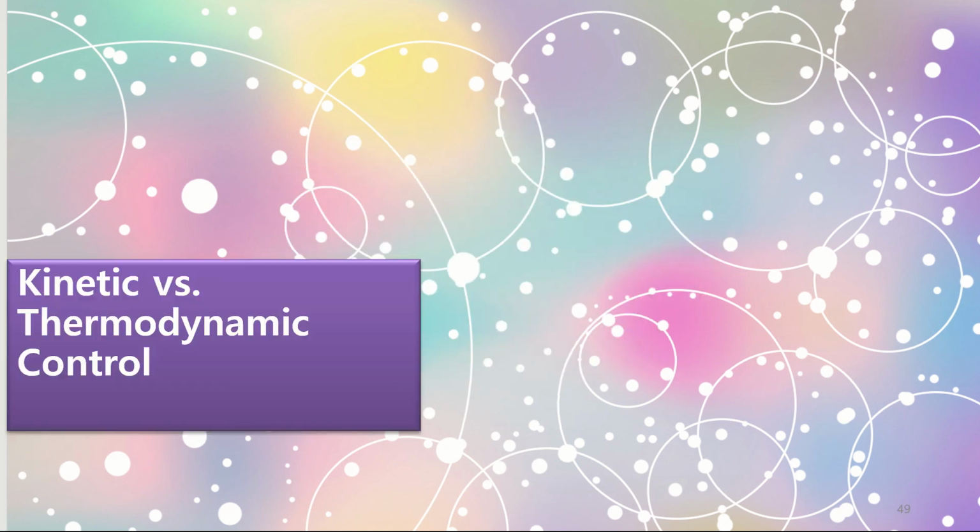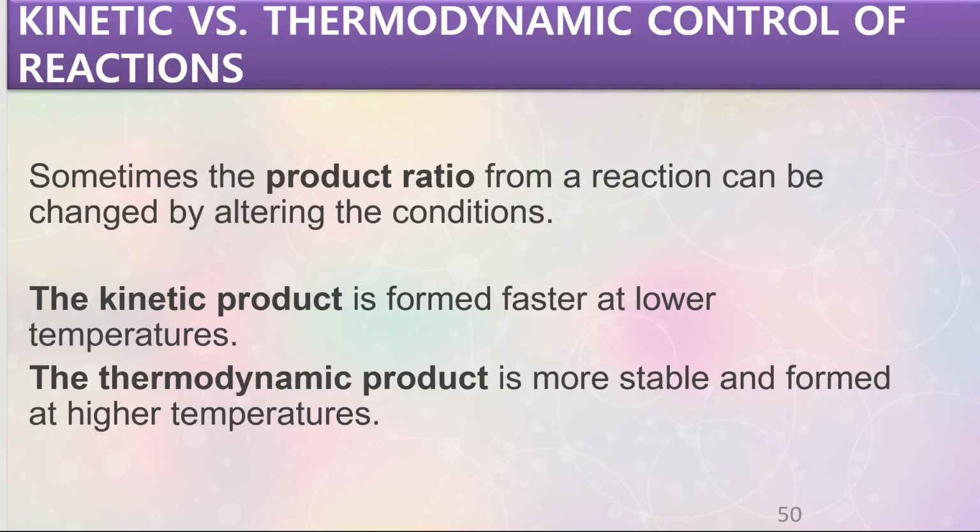All right, so the final part of the lecture has to do with kinetic versus thermodynamic control. This is a subtopic that is of importance to you because you study pharmaceutical sciences.